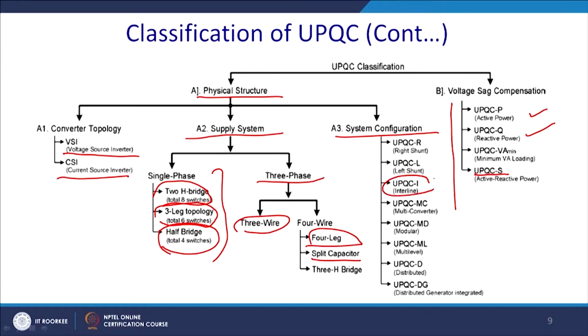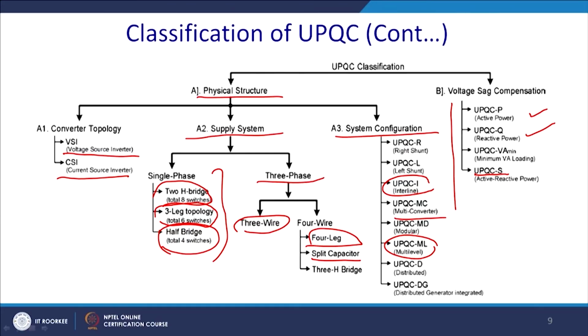It can be interline, that we will discuss in future classes, and UPQC-MC, that stands for the multi converter, it can be a cascaded one, and it can be UPQC-MD, that can be a modular one to increase the rating of the devices, and it can be ML, that stands for multi level, because to support the high voltage the rating of a single switch may not be possible.